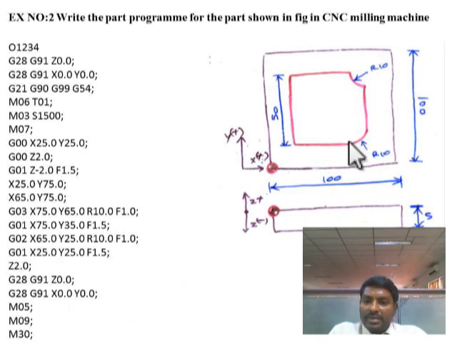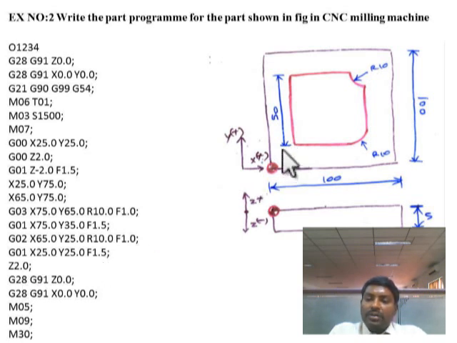This point is X65, Y25 and radius 10, and the feed rate is 1.0. Next, the tool will move to the end point, which is the same starting point, X25, Y25 and F1.5.